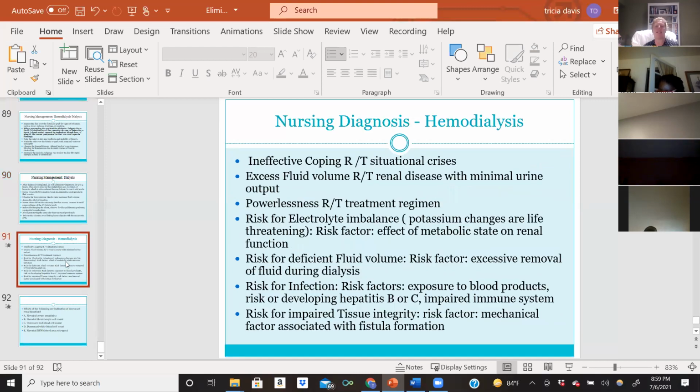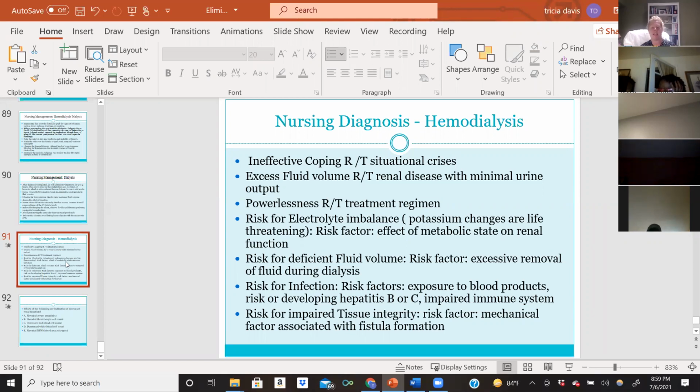So some hemodialysis nursing diagnoses we could see: ineffective coping related to situational crises, excess fluid volume related to renal disease with minimal urine output, powerlessness related to treatment regimen, risk for electrolyte imbalance, potassium changes can be very life-threatening for our patients, so that's a big one you want to watch for.